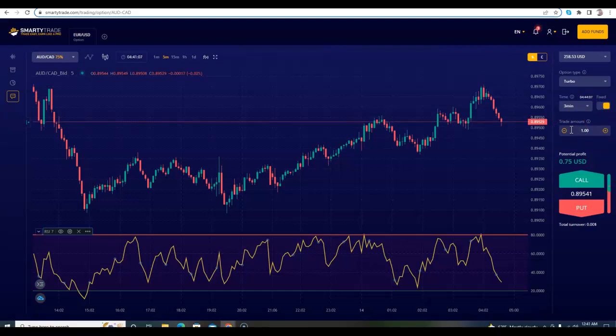Now this is crucial. Before you take every single trade, I always recommend double checking your risk, the trade amount that you're going to be utilizing. So you can enter it $2 or you could enter $2. Whoa, just like that, we accidentally made it $200.